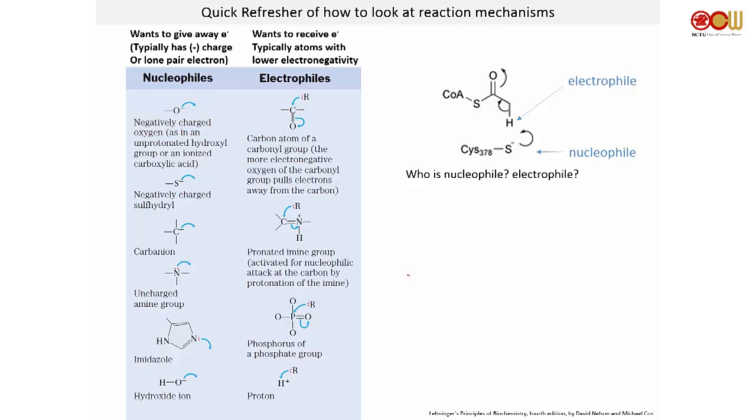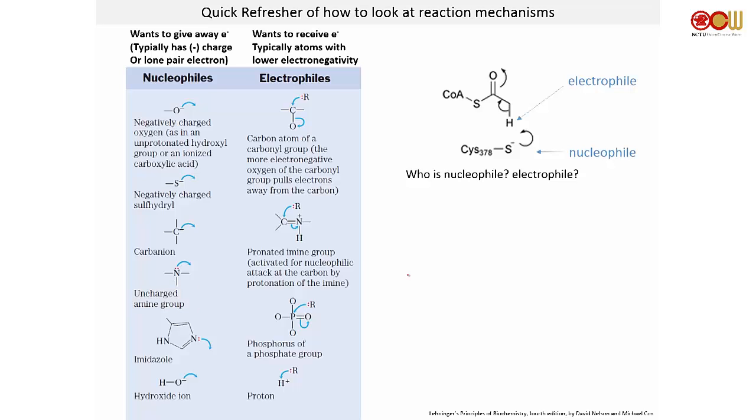Similarly, you have this negatively charged sulfhydryl group. A thiol, removing a proton, becomes S-. So this is serine, this is cysteine. Sometimes you have a carbanion, but carbanions do not appear that much. You also have something that people always forget: the uncharged amine group.